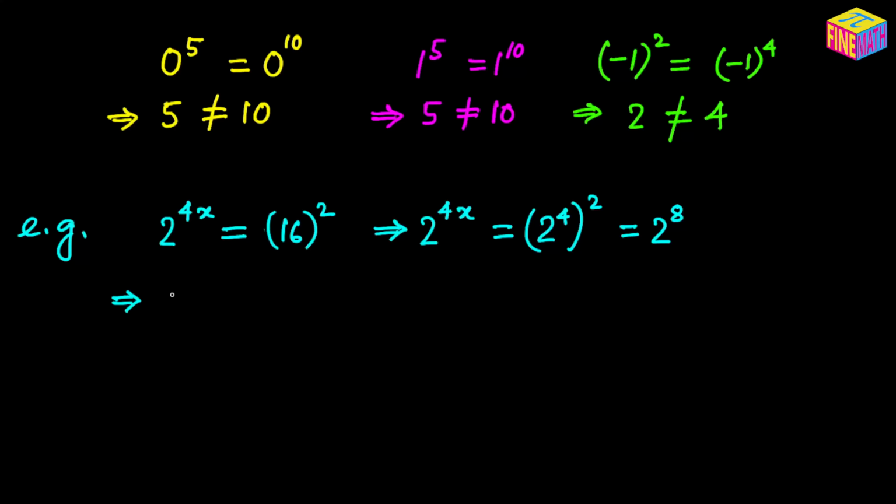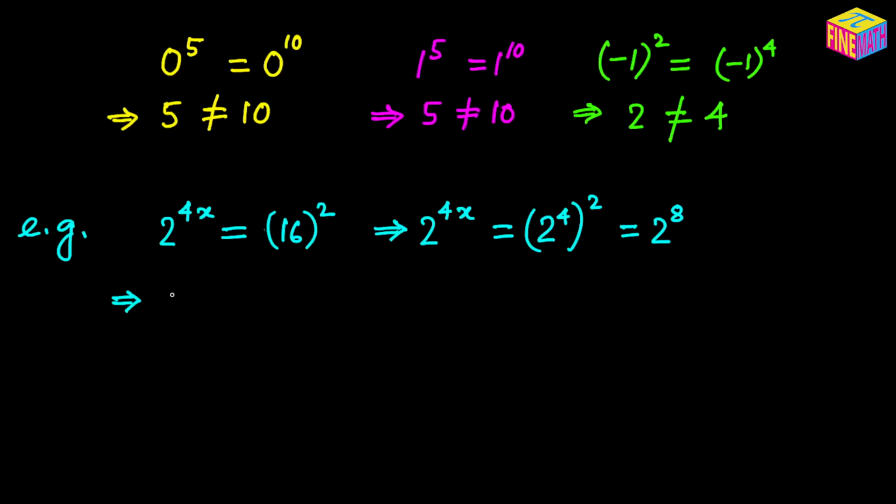Then a to the power m whole power 1 by m, that is the mth root, would be equal to b to the power m whole power 1 by m, and from here you see that it will be a to the power m times 1 by m is equal to b to the power again m times 1 by m. So from here we can say then a to the power 1 is equal to b to the power 1, and from here we can say then a must be equal to b when m is not equal to 0. So we have proved that yes, when m is not equal to 0, a is equal to b.